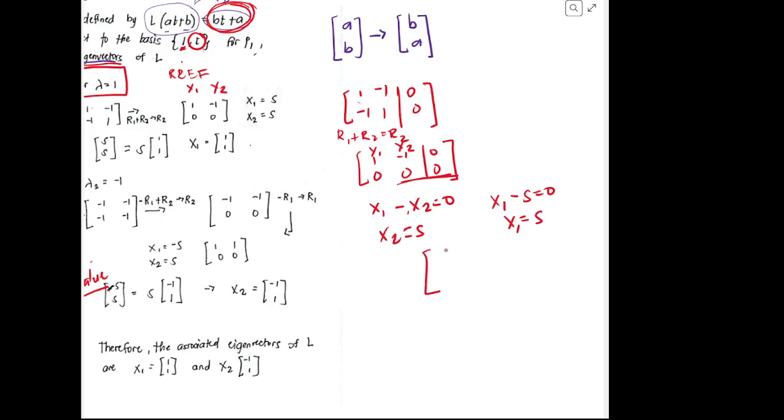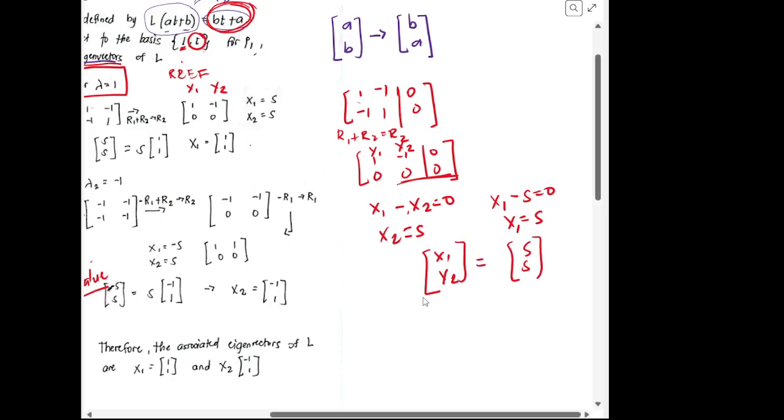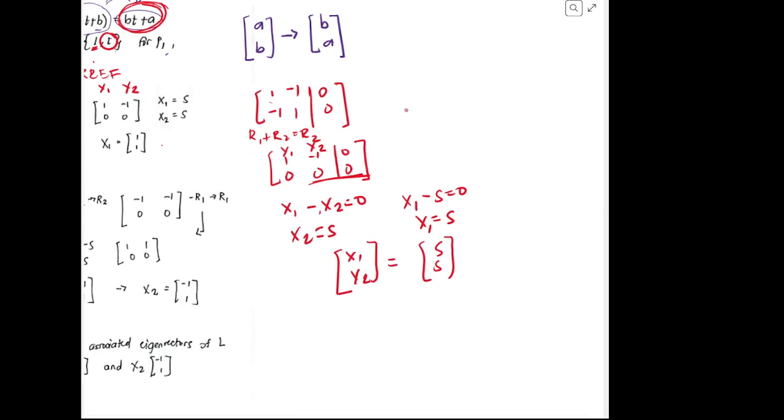Forming the vector, we have x sub 1, x sub 2. Thus, we have s, s. Now, what we will do is factor out s from this. So, what will be left from our vector are 1, 1.